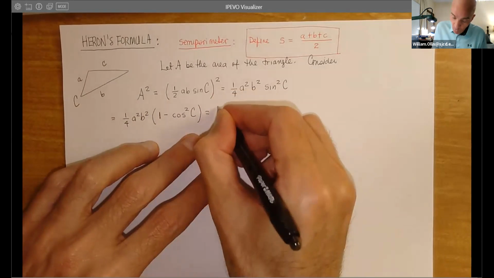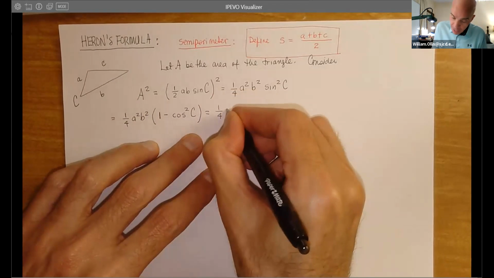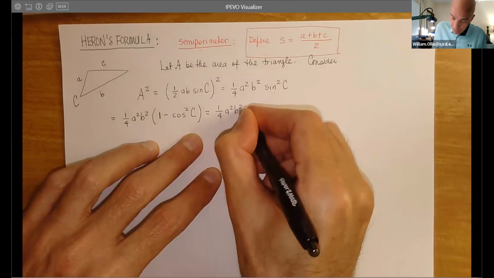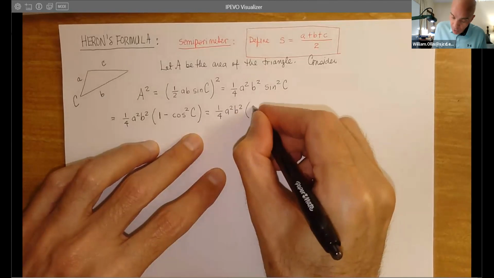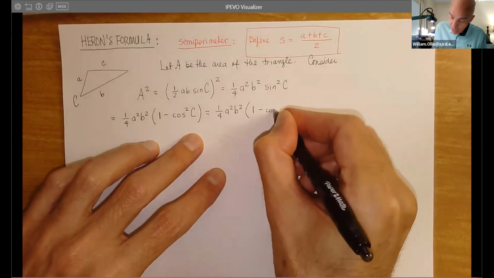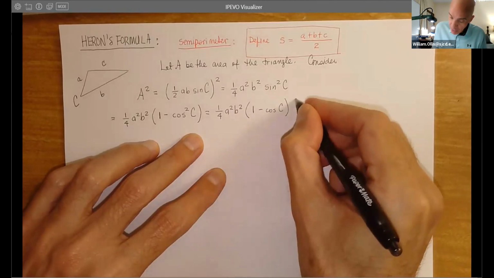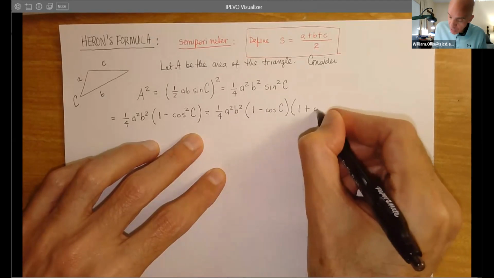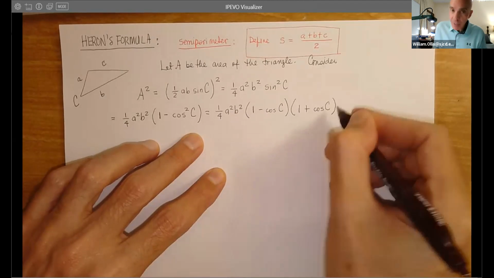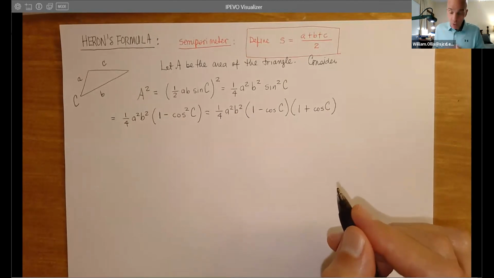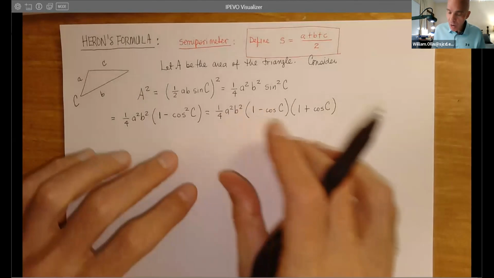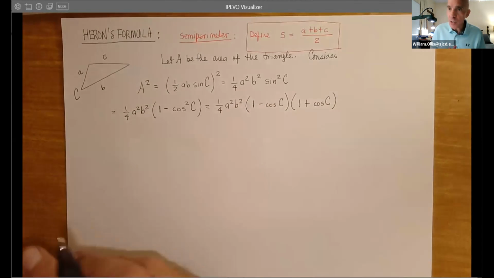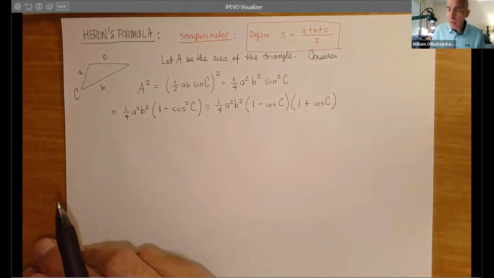So this is 1/4 a squared b squared, then this will be 1 minus cosine C times 1 plus cosine C. These types of algebraic manipulations we'll have to do when we prove identities. So this is why I want to go through these calculations, because they're very important.